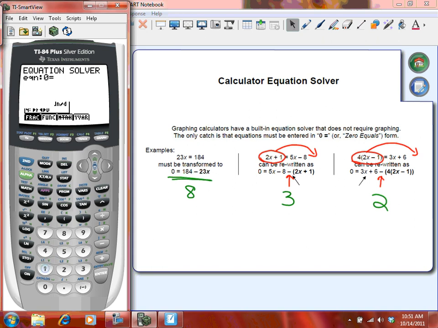We use number 1. Oh, wait a minute, didn't work. Y'all get the same thing? All right, I guess we're going to have to type it in the old-fashioned way. So we use parentheses around our fraction, 1 divided by 3. So I guess it doesn't pick it up on this equation solver.